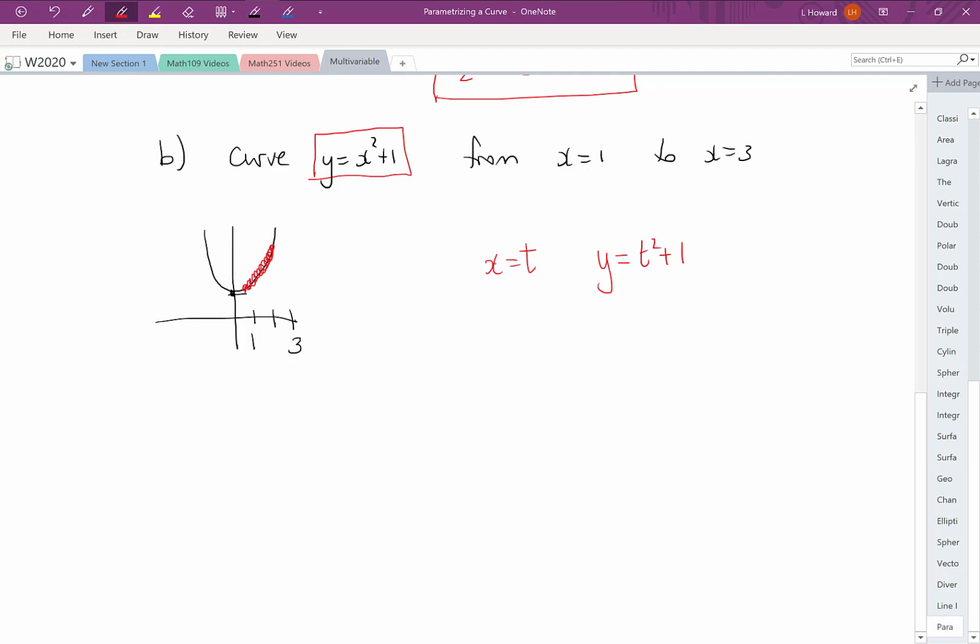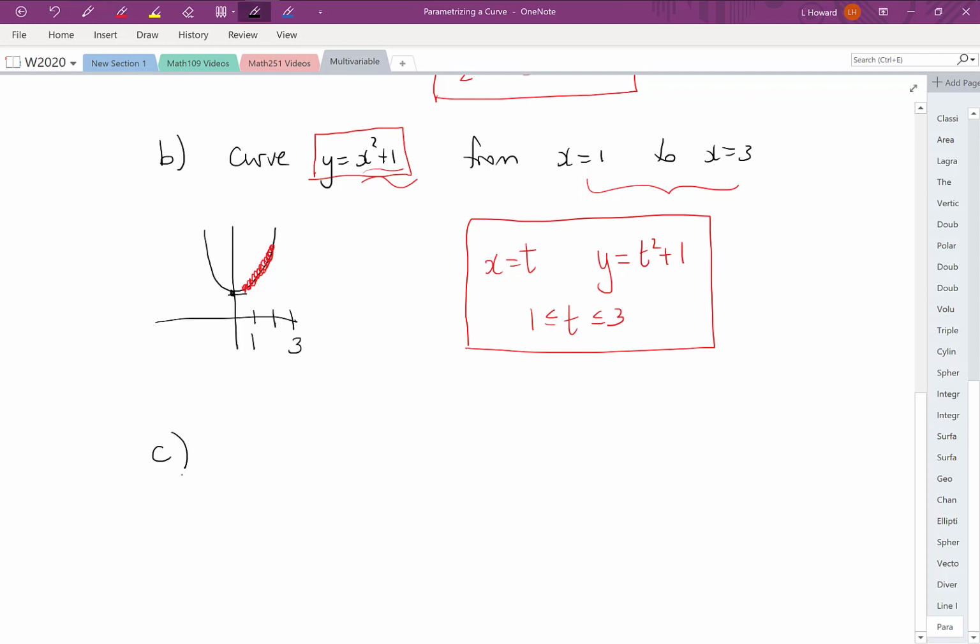So our x values are being recorded by the parameter t, and therefore our y values are being recorded by this function here, with x evaluated at t. So in other words, y equals t squared plus 1. And then the values for our parameter would just be whatever x values we were ranging through in the problem. So t would be ranging between 1 and 3. And that would capture all these points along the red portion of the parabola.